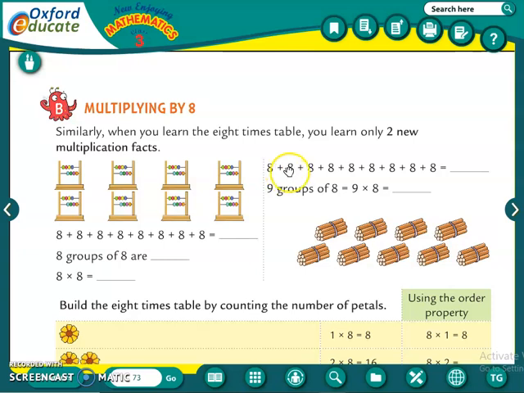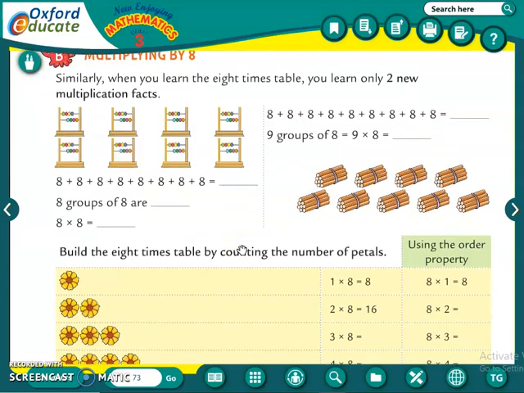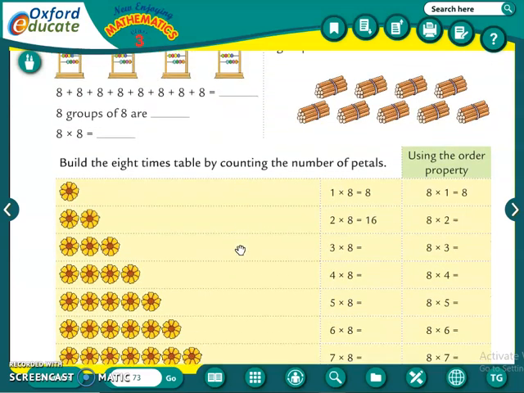So here 8 is written 9 times because 9 groups are there, and in each group 8 sticks are there. So 9 multiplied by 8, both the answers will be the same. 8 nines or 9 eights are 72. So like this we will write the table of 8 here.